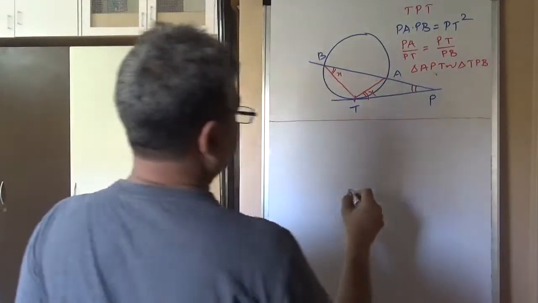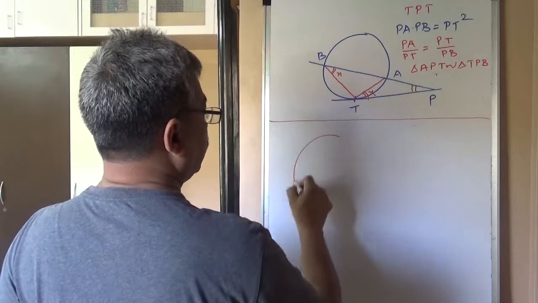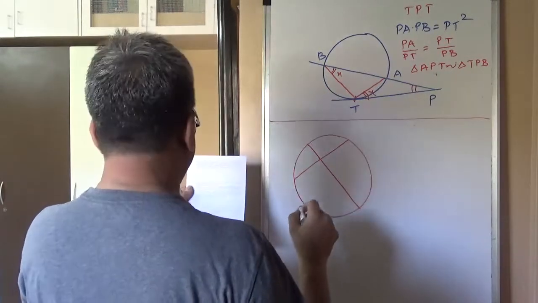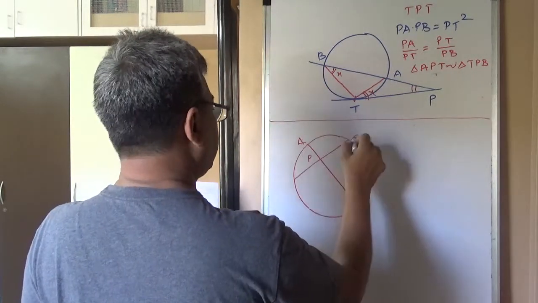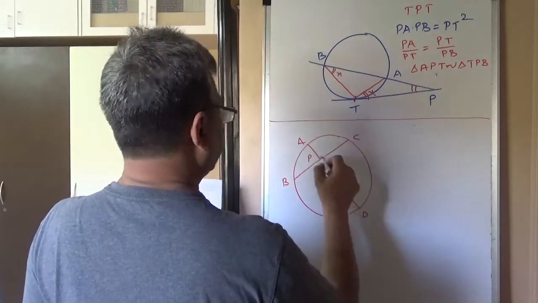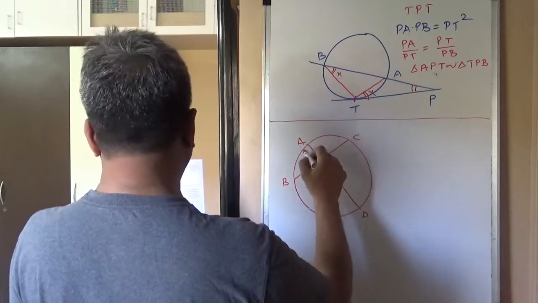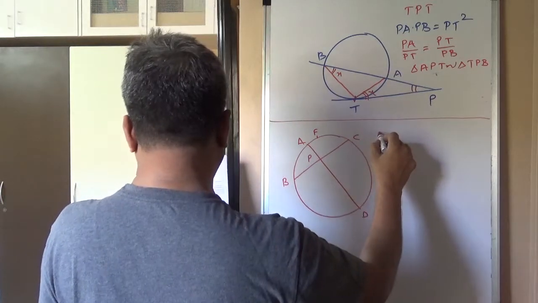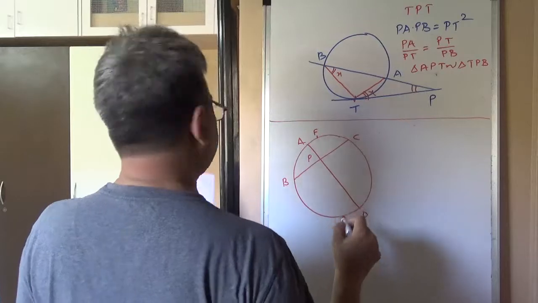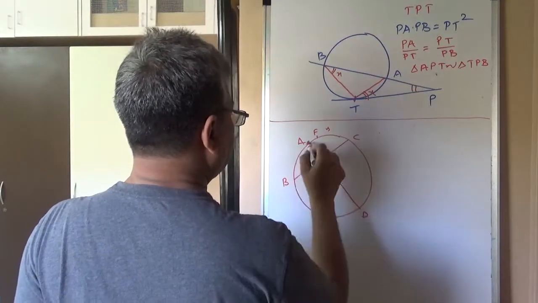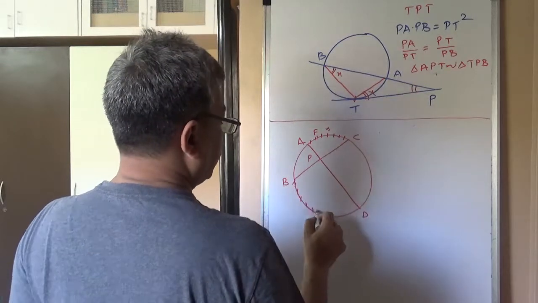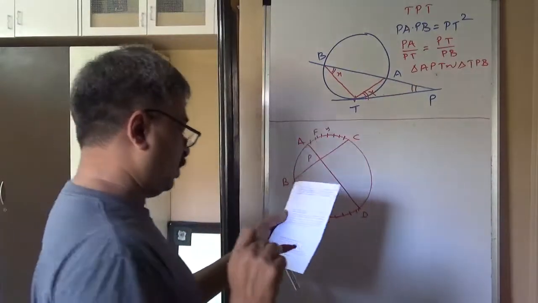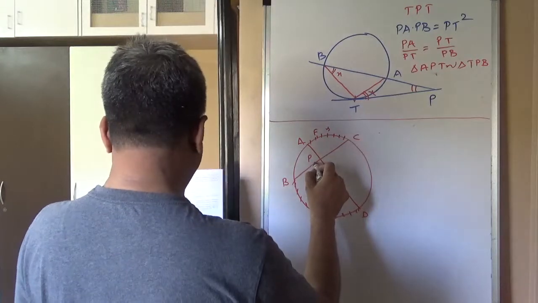The last activity in this is that you have a circle and there are two chords which intersect each other at P. This is A, this is C, this is B, and this is D. Suppose the measure of arc AC is Y, and the measure of this arc is say X. Then we are supposed to find the measure of this angle BPD.